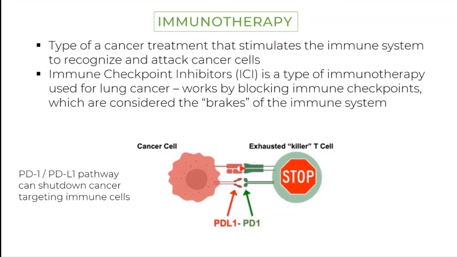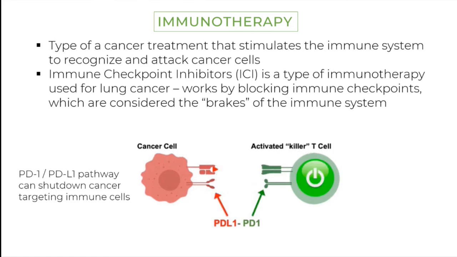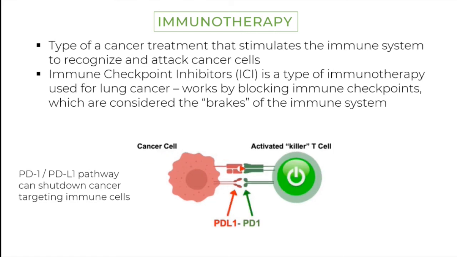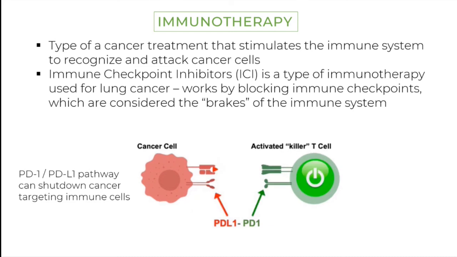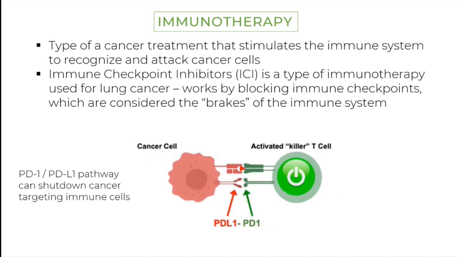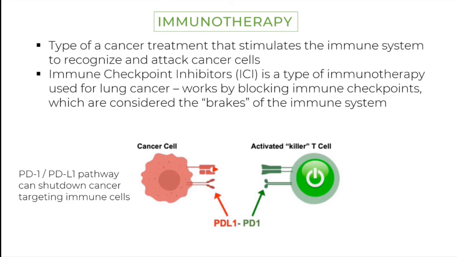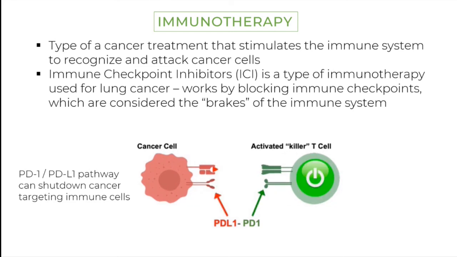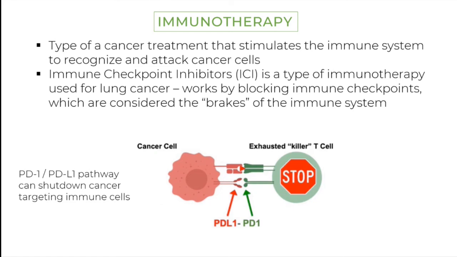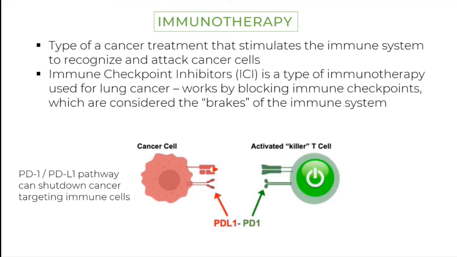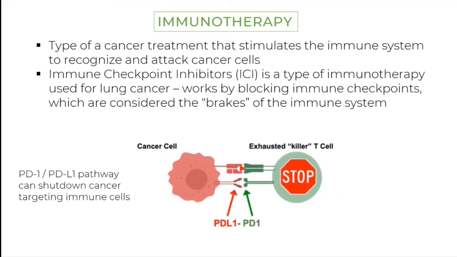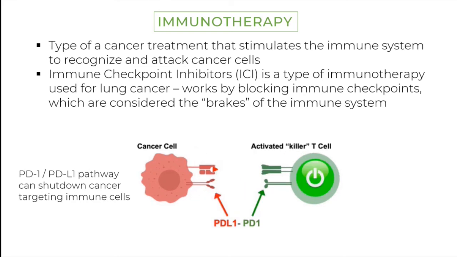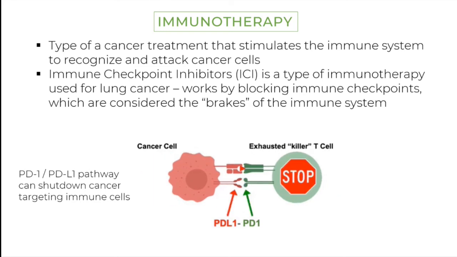As you can see here, when cancer cells are recognized by the immune system, the T cell is a part of the immune system which is considered the killer cell. It's the cell that is able to recognize, attack, and kill foreign cells. However, when these checkpoints are at play, they block the T cells from exerting their effects on the cancer cells.